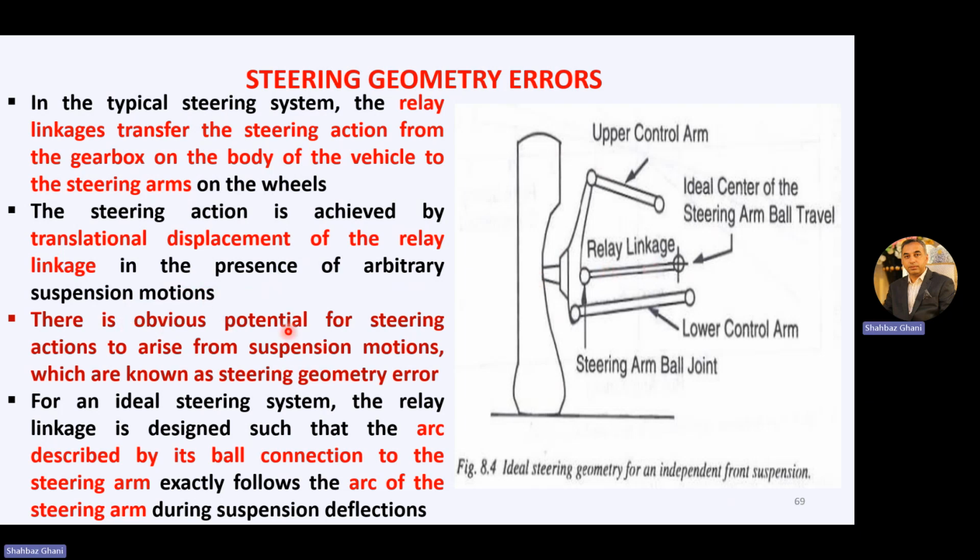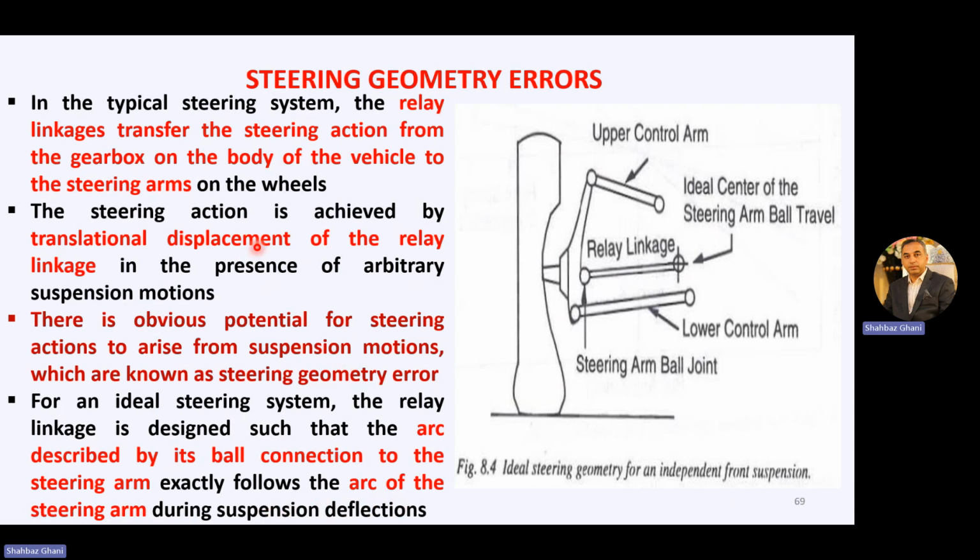There is obvious potential for steering action to arise from suspension motion, which is known as steering geometry errors. For an ideal steering system, the relay linkage is designed such that the arc described by its ball connection to the steering arm exactly follows the arc of the steering arm during suspension deflection.